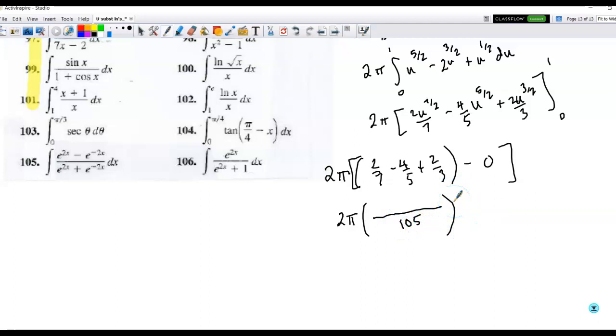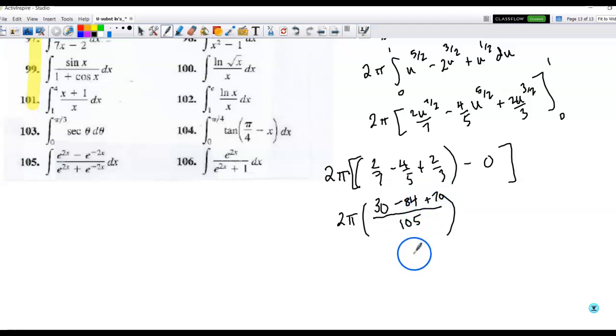All right, so 105 divided by 7 is 15, and 15 times 2 is 30. 105 divided by 5 is 21, and 21 times 4 is 84. And 105 divided by 3 is 35, and 35 times 2 is 70.